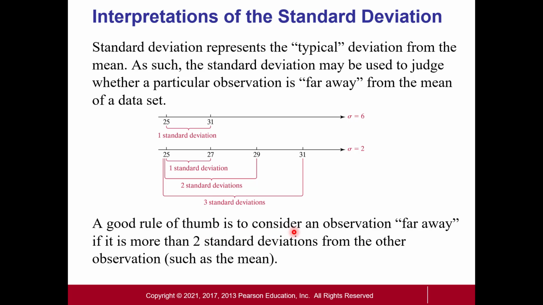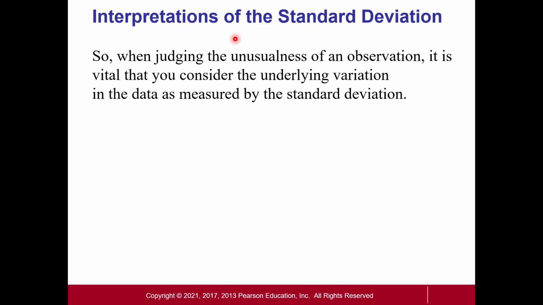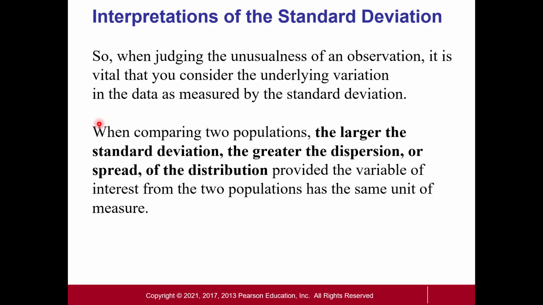So a good rule of thumb is to consider an observation far away if it's more than 2 standard deviations from the other observations, such as the mean. When judging the unusualness of an observation, it's vital that you consider the underlying variation in the data as measured by the standard deviation.